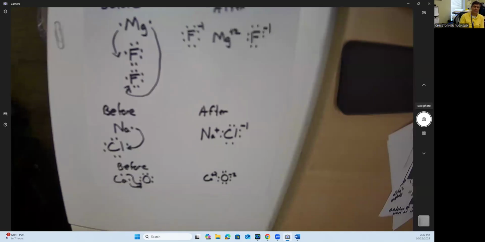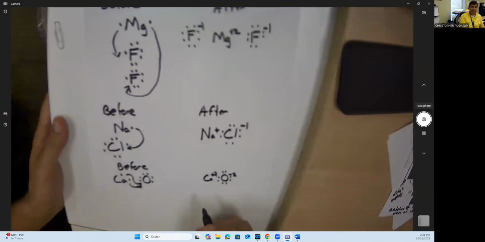This is how ionic compounds work. One has a low electronegativity, a low ionization energy, and a low electron affinity. The other one has a high desire for those electrons, a high ionization energy, and a high electron affinity, and they transfer these electrons.